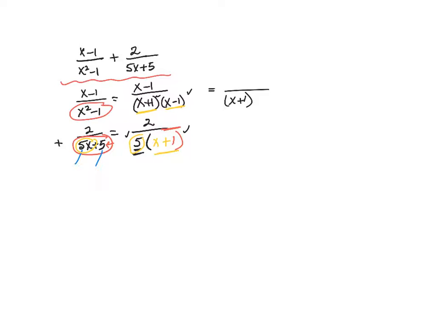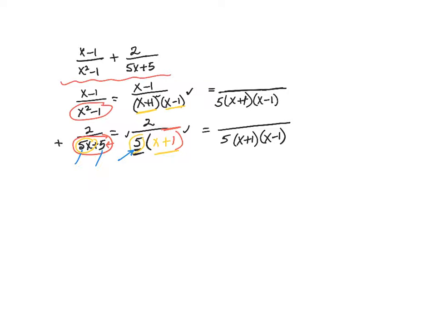I also need this x minus 1 right here, so I'm going to put that in there. And I hope you see that the other thing that is missing is the 5. So I've got to have a 5 in my denominator, which I'm going to add. Now, that goes for both denominators. We have a new denominator for each one.